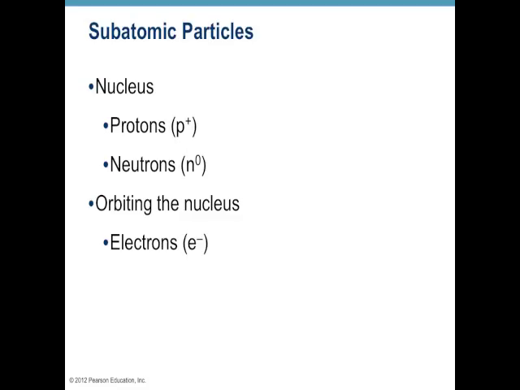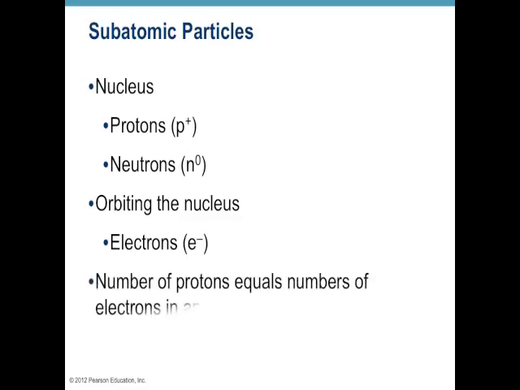Now, there are two basic models that we're going to look at when we look at these things. Now, one important thing, I almost forgot about this, is that it's very, very important that we know, if you look at the periodic table, you'll know that the number of protons has to match the number of electrons. Now, that means that the element as it appears on the periodic table is going to be neutral in charge. It's neither going to be positive nor is it going to be negative.